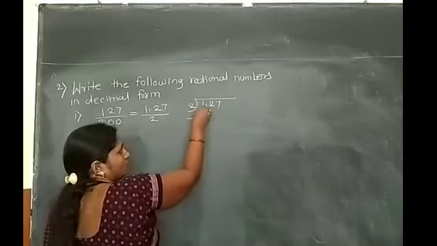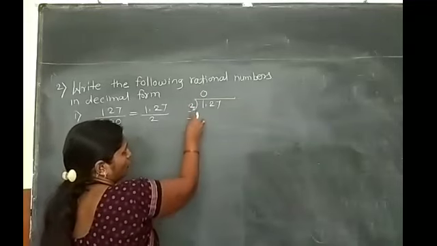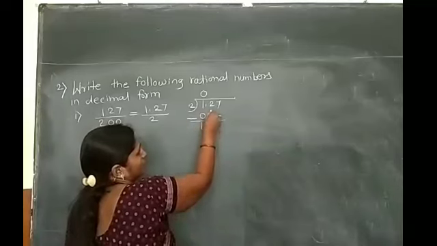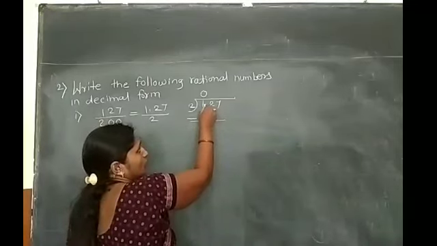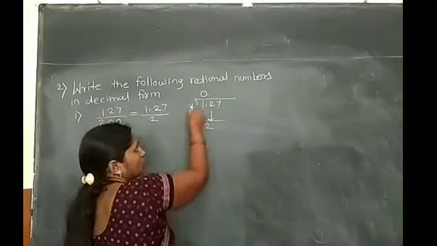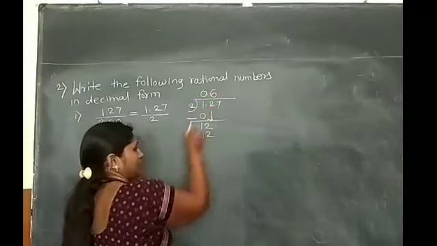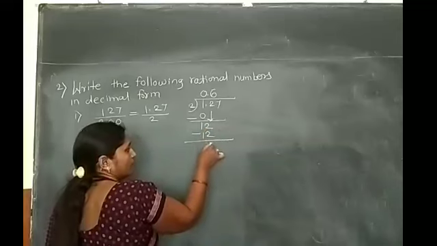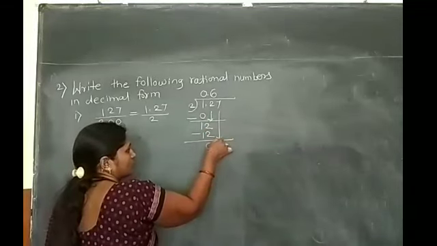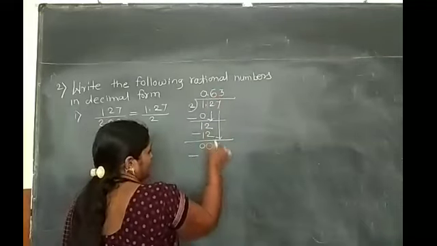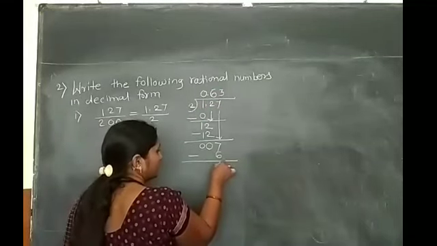Here, the first division gives 0 because 1 is less than 2. Then we bring the next number, 2, after the point. 2 sixes are 12, so the division is 12 and the remainder is 0. We bring the next number, 7. 2 threes are 6, remainder 1.